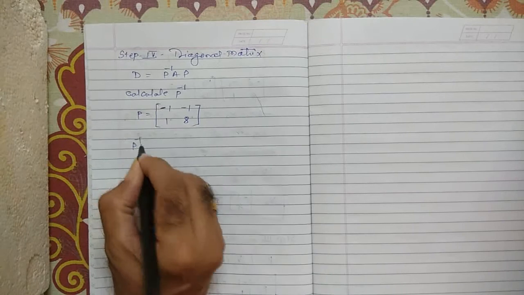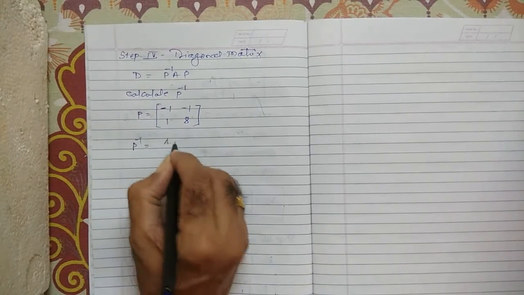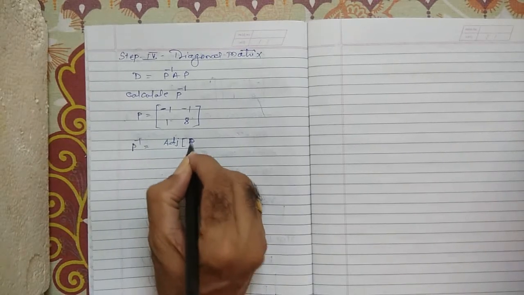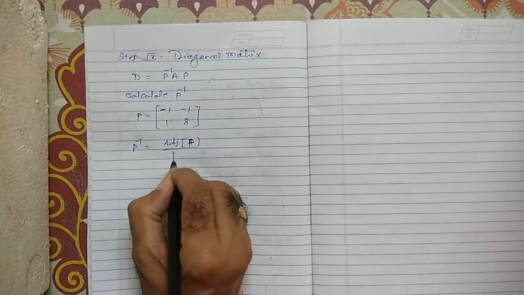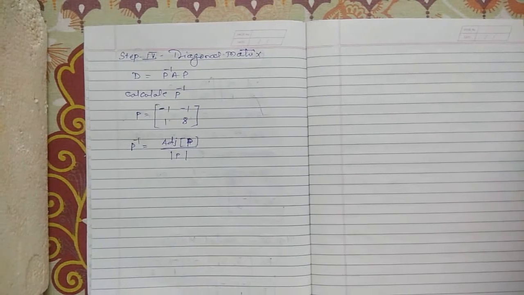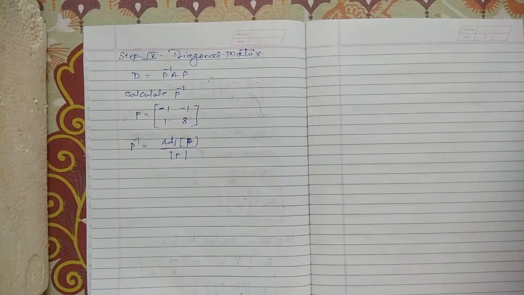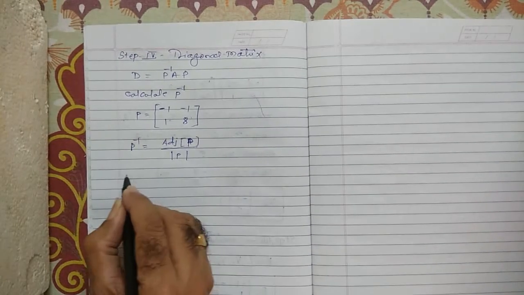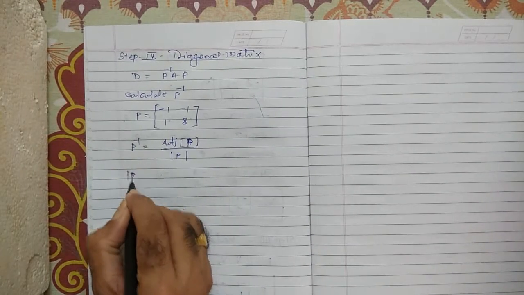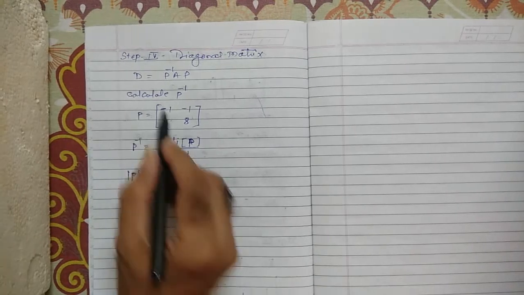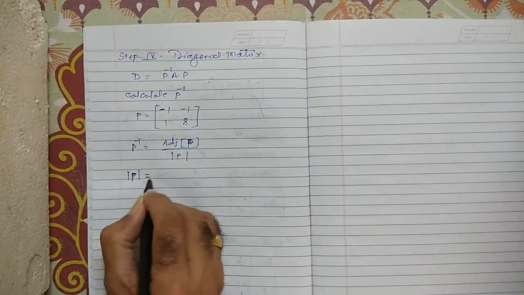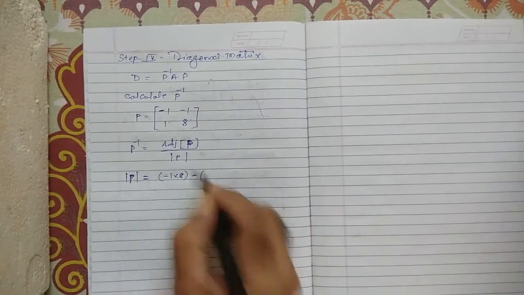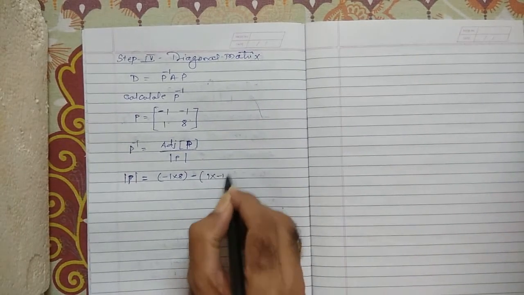P inverse equals, the formula is adjoint of P over the determinant of P. Now the determinant of P equals minus 1 into 8 minus 1 into minus 1.